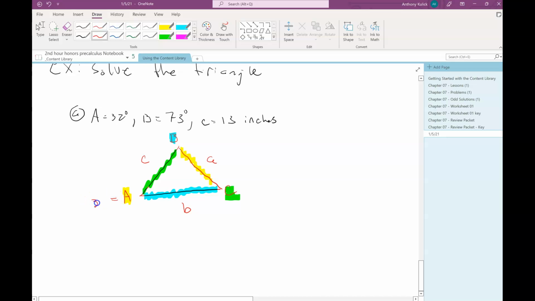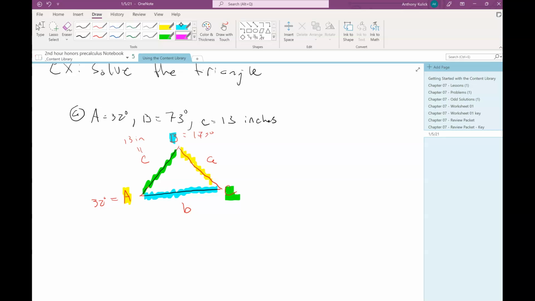So let's see. Angle A is 32 degrees. Angle B is 73 degrees. And side C is 13 inches. Which situation are we in? Incorrect. This is angle side angle.